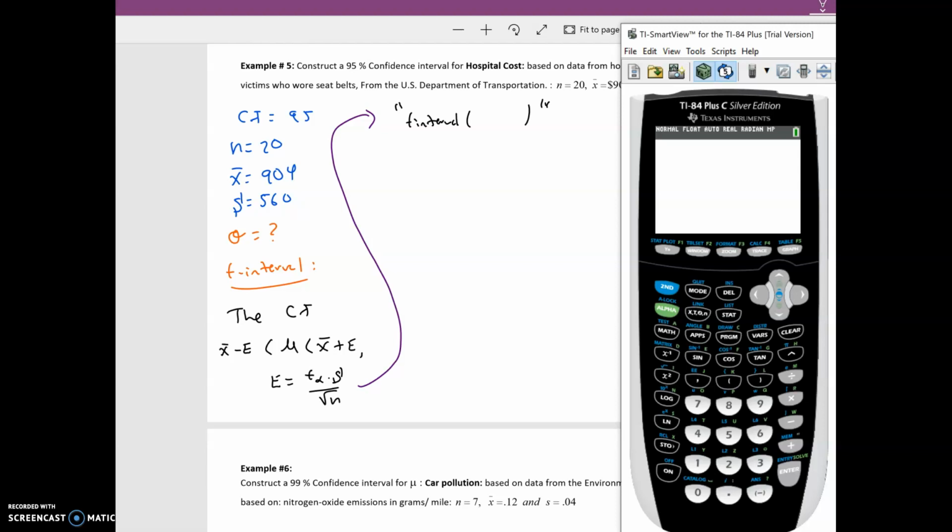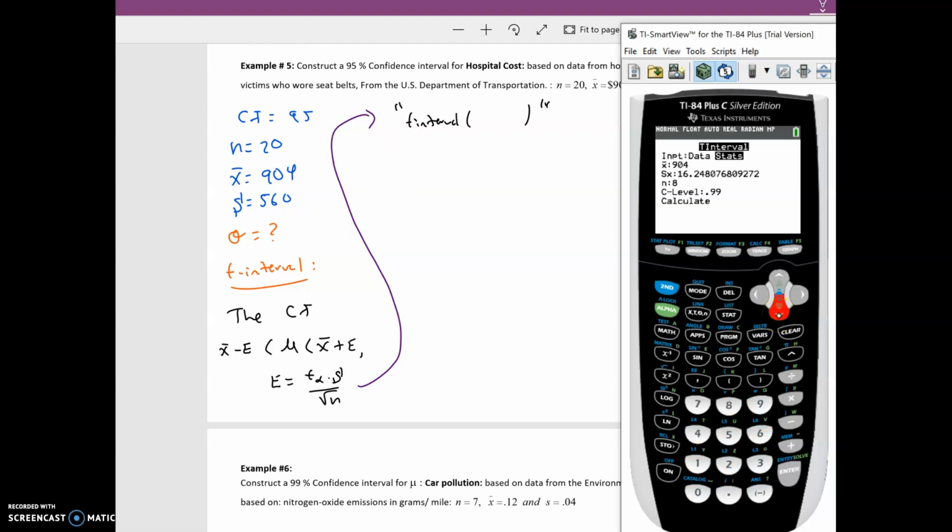So you're just going to go to stats, followed by test, then all the way to number 8. In this case, we technically don't have the data. We already have the statistics. And given in the problem, the mean is 904.